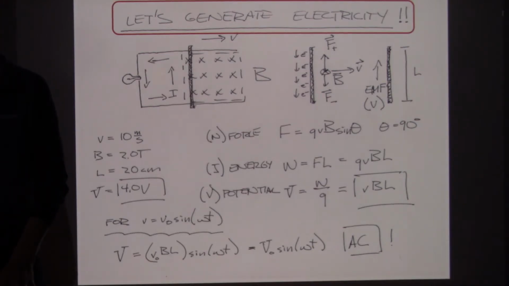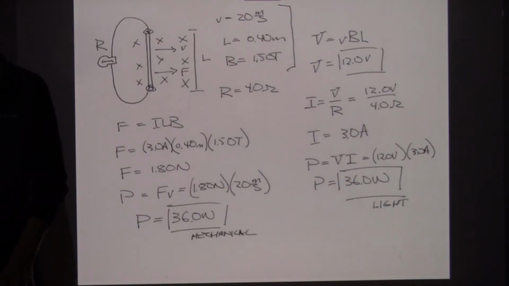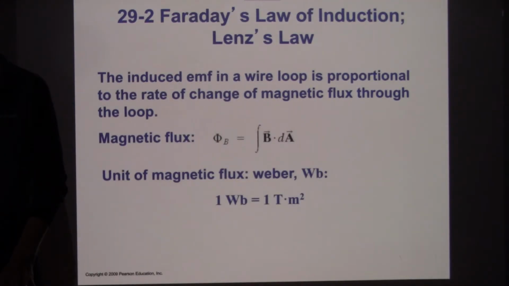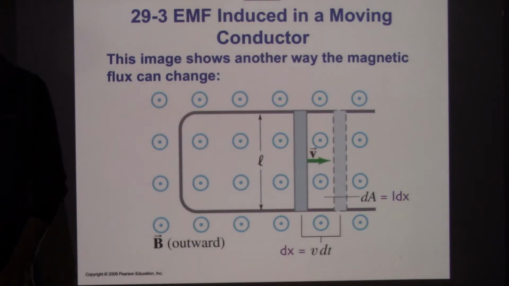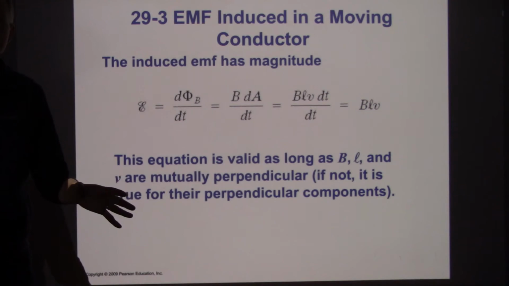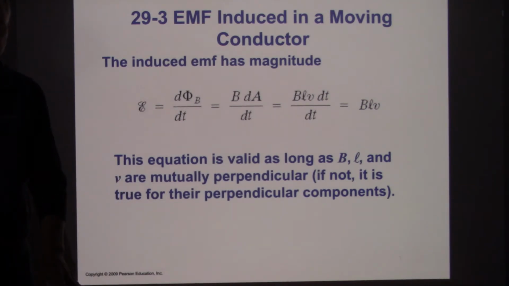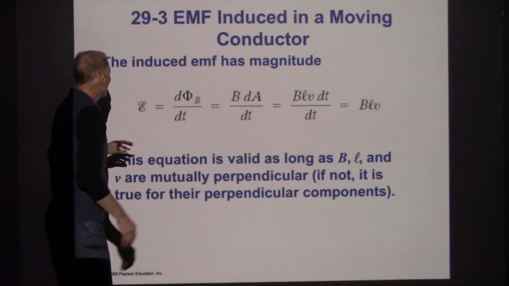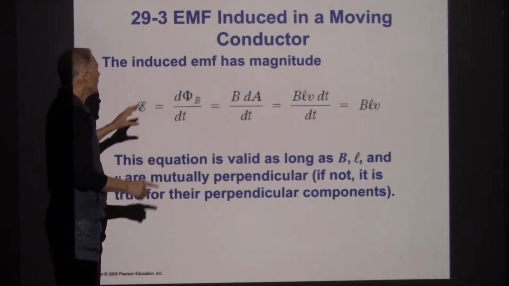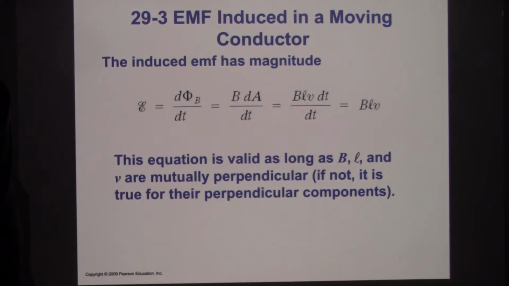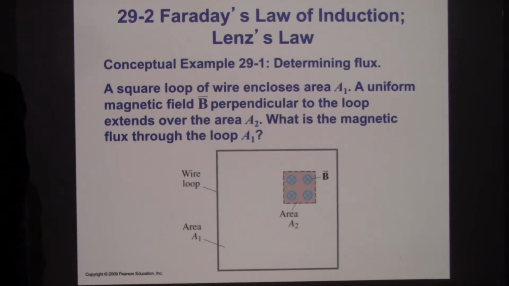So I think there are many cases with these generators where it's much easier just to use that direct magnetic force formula to determine how much EMF, rather than going the route of Faraday's law. So anyway, either approach will work. I'm going to suggest that Faraday's law can be more complicated.